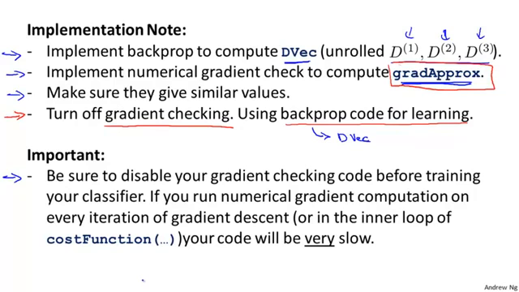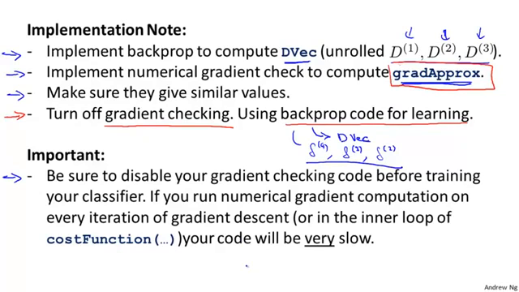Concretely, if you were to run numerical gradient checking on every single iteration of gradient descent, or if it were in the inner loop of your cost function, then your code would be very slow because the numerical gradient checking code is much slower than the backpropagation method, where you remember we were computing delta 4, delta 3, delta 2, and so on. That was the backpropagation algorithm. That is a much faster way to compute derivatives than gradient checking. So once you verify the implementation of backpropagation is correct, make sure you disable your gradient checking code while you're training your algorithm, or else your code could run very slowly.